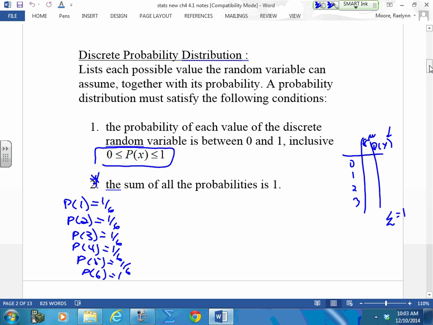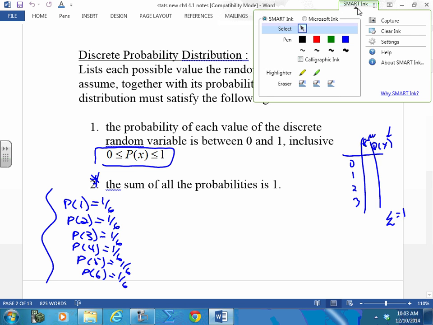All the possible outcomes in a probability distribution have to total 1, which makes perfectly good sense. So our probabilities have to be between 0 and 1, and the sum has to total 1. And we've used both of these concepts before. So we're going to apply that to making this table.